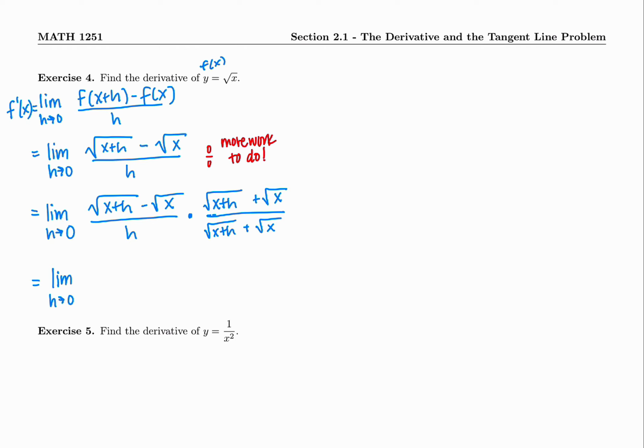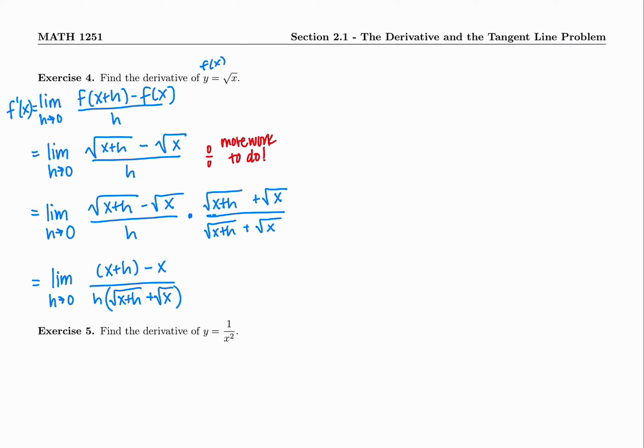So the square root of x plus h times the square root of x plus h is just x plus h. The inner and outer are going to cancel, and I'm going to be left with minus x. And then the bottom, remember our rule of thumb is don't multiply the part you didn't set the conjugate up for. Just kind of leave it multiplied out. It'll make it easier because we expect to have some factoring and canceling happening later. So I have that.